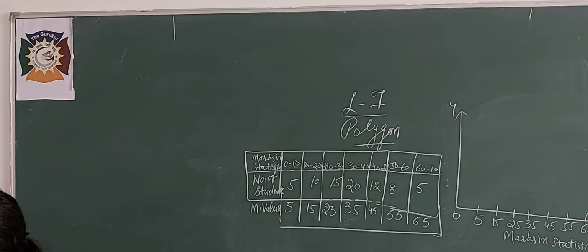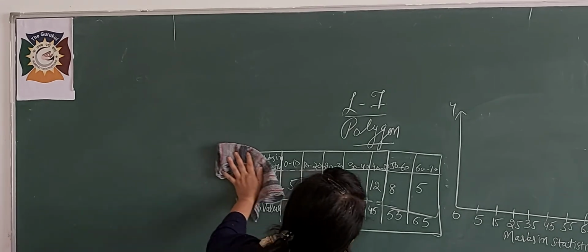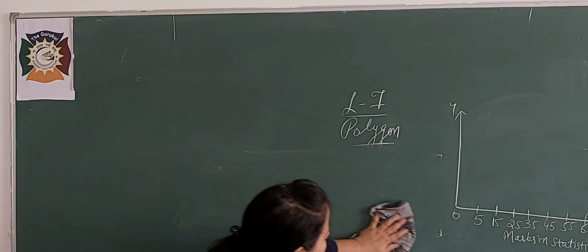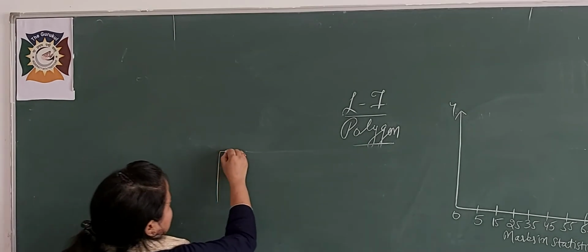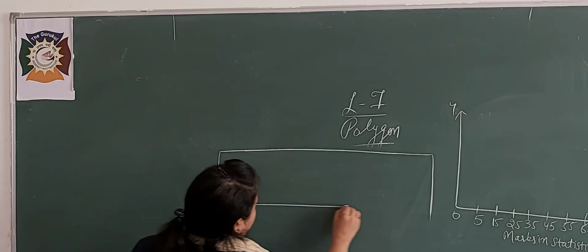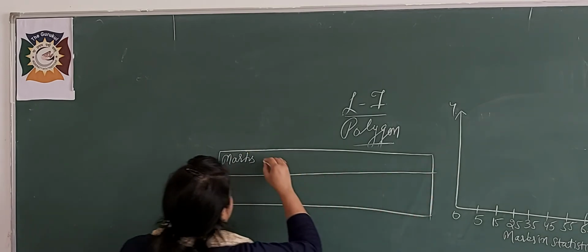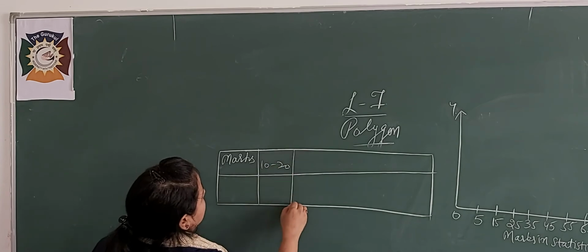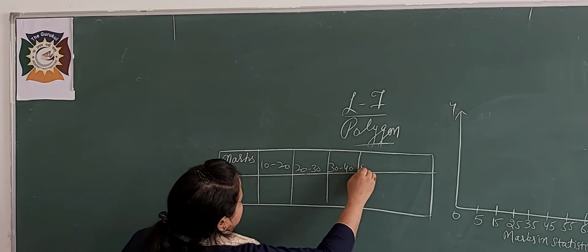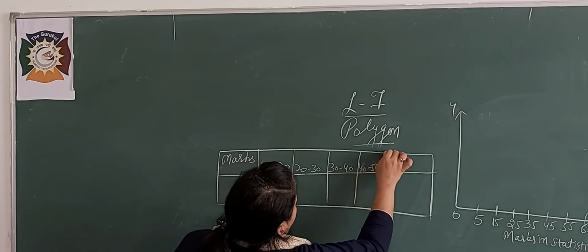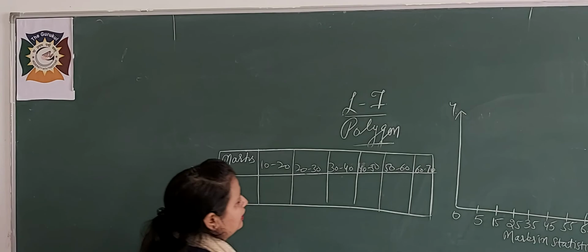The statement I am taking is quite different. I am taking the statement again. I told you about the mid values. The statement is marks in statistics: 10 to 20, 20 to 30, 30 to 40, 40 to 50, 50 to 60 and 60 to 70.